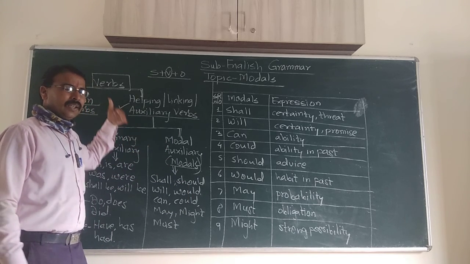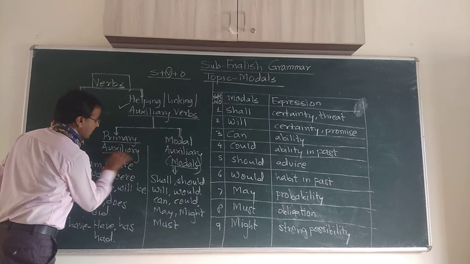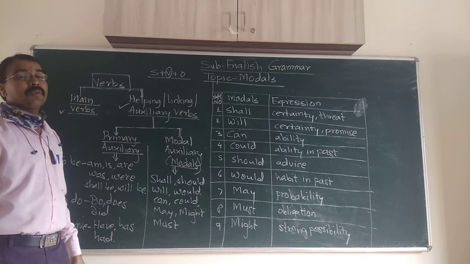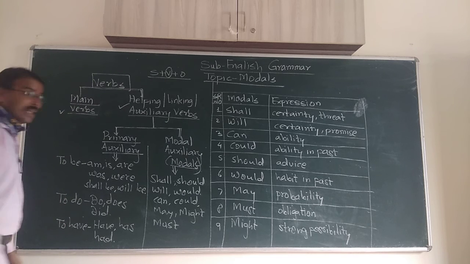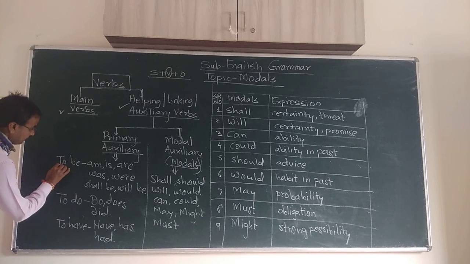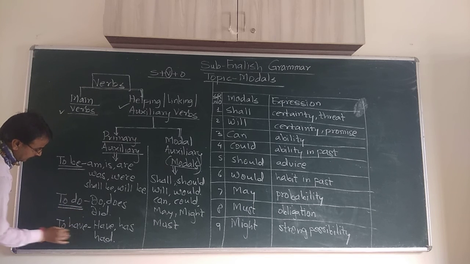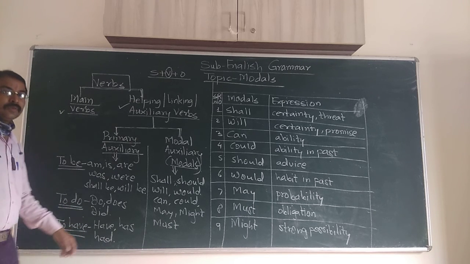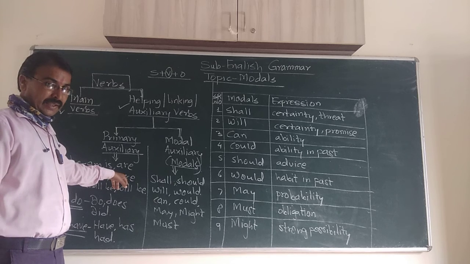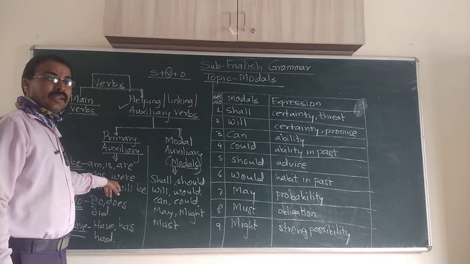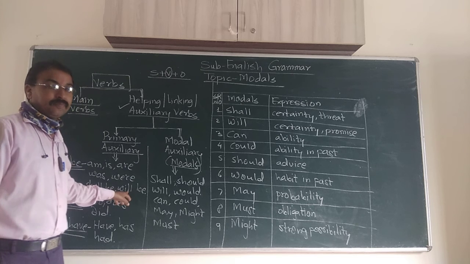Before this, in the verb lesson, we have seen the primary auxiliaries. Once again we will take a recap. Primary helping verbs are of three types: to be forms, to do forms, and to have forms. In the to be form: am, is, are in present tense, was, were in past tense, shall be and will be in future tense.